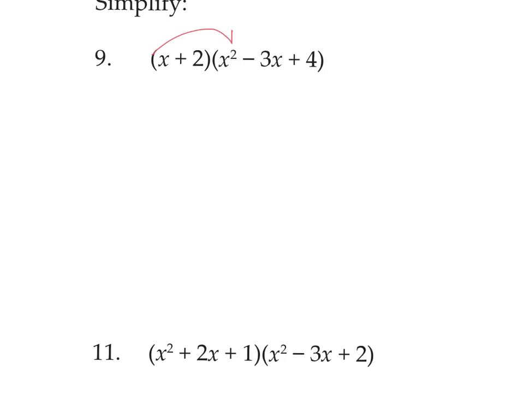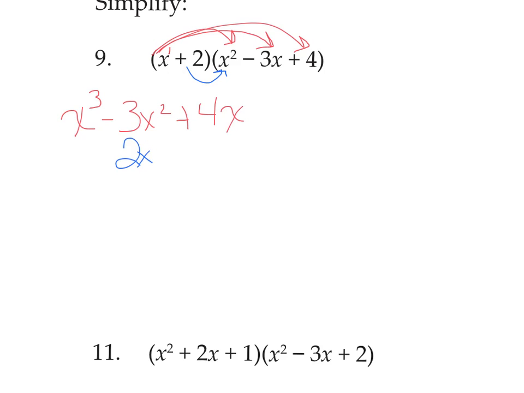So, x times x squared is x cubed, because remember this x has the invisible 1 exponent. X times negative 3x, negative 3x squared. X times 4, 4x. Now we're going to distribute the 2. 2 times x squared is 2x squared.